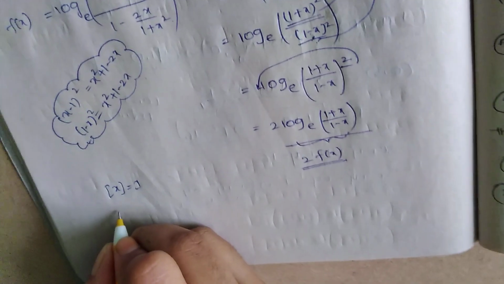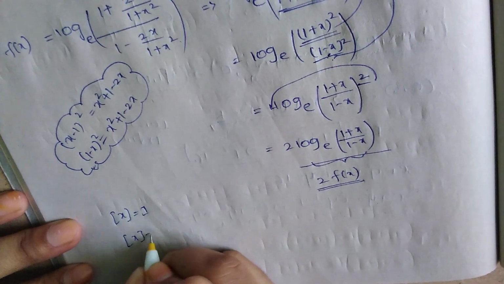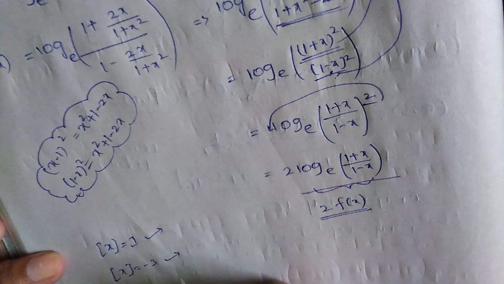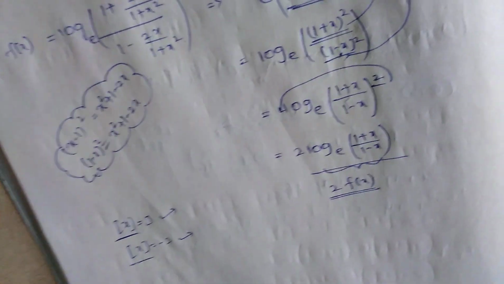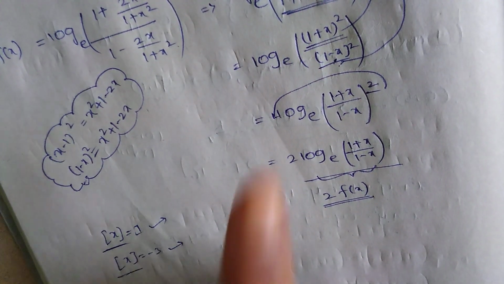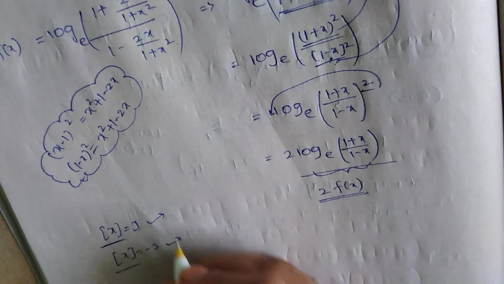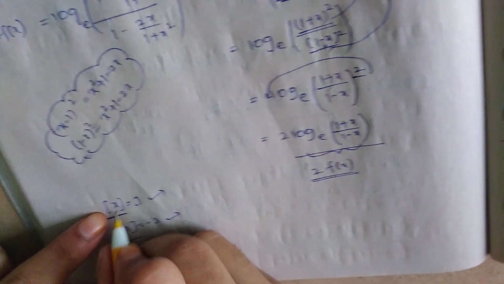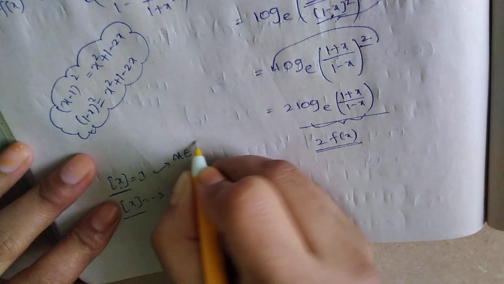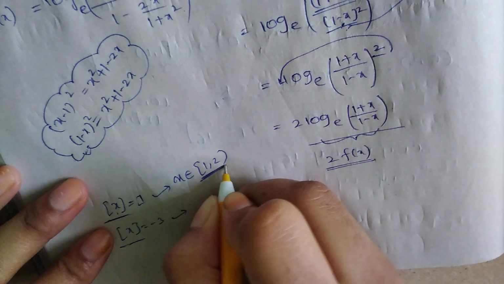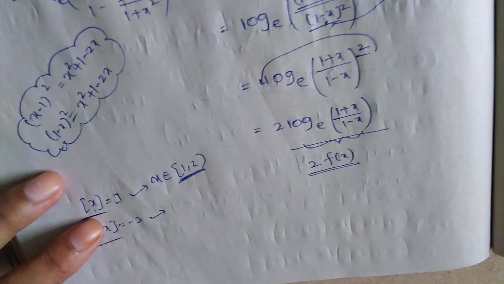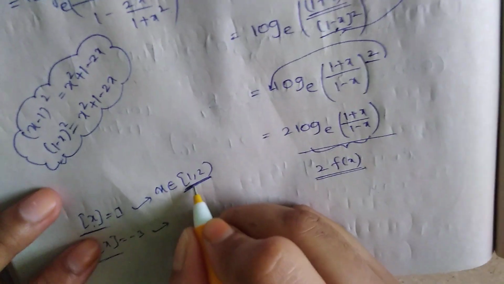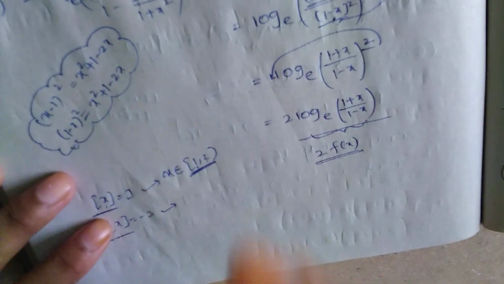See, this condition is not x, it is the greatest integer function of x. So what are the possible values when the greatest integer function of x is 1? x belongs to 1 to 2. How many numbers do you have? Infinitely many numbers between 1 and close to 2.